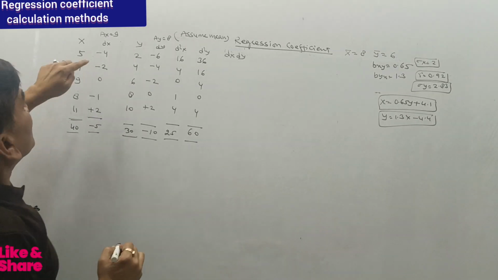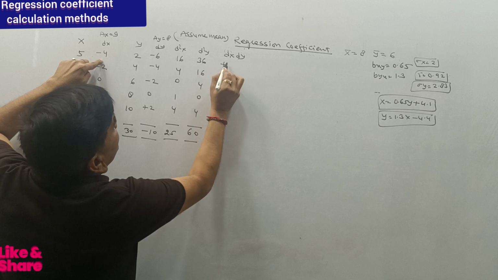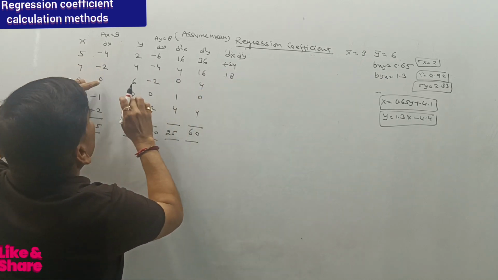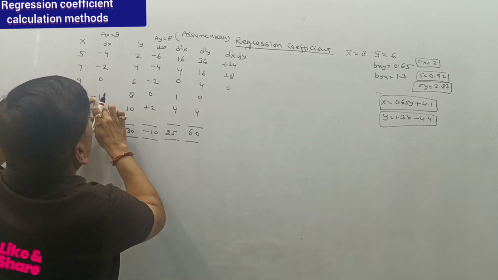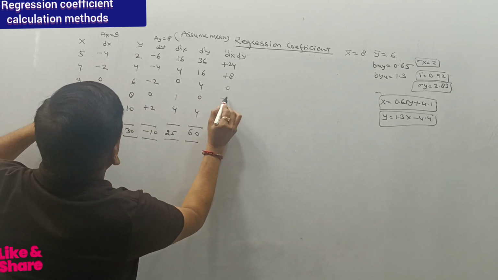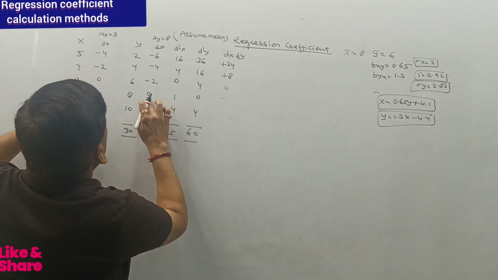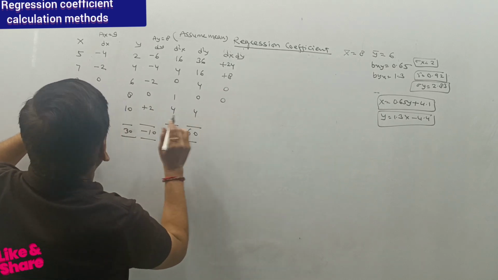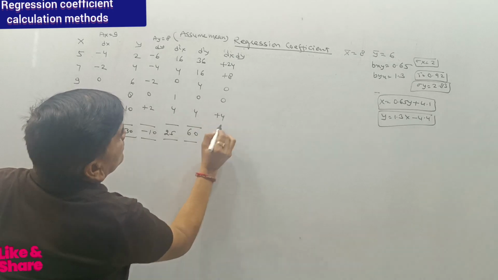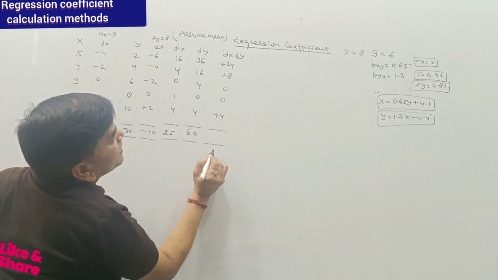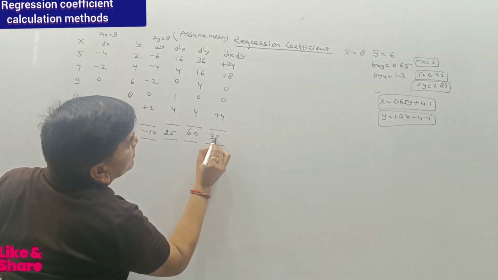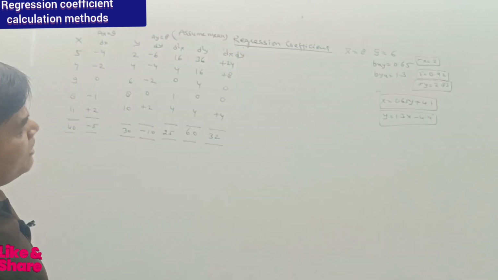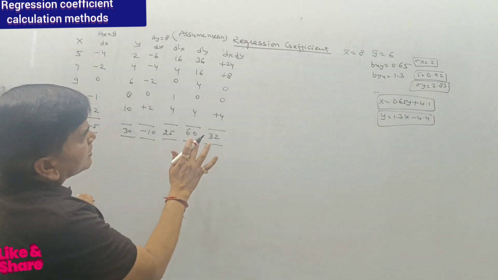Then dx dy: 4 sixes are 24, 2 fours are 8, then 0, then 0, 2 twos are 4, so that will be 36.